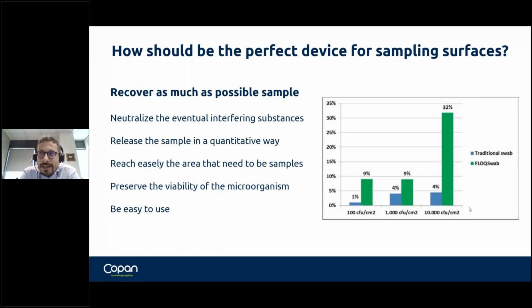from a very generic perspective, the major feature that a good or perfect device for sampling surfaces should have is that this device, this methodology, should recover as much sample as possible, because I need to understand exactly if there is something, even in trace amounts. I have to be able to recover as many of these contaminants as possible.